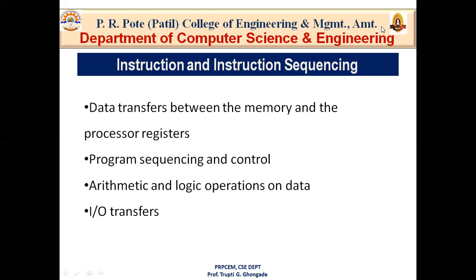Okay, so let's see. There are four basic operations which the processor performs during execution of a program or instructions. What are these? First one is we have to transfer data between processor and the main memory.